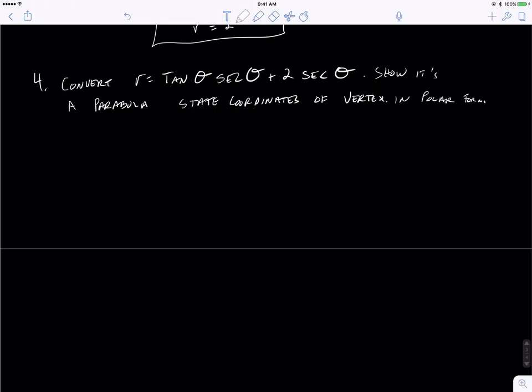Alright, so let's see. I'm gonna start by factoring out a secant. So that's a tan theta plus 2. Secant's really 1 over cosine of theta.